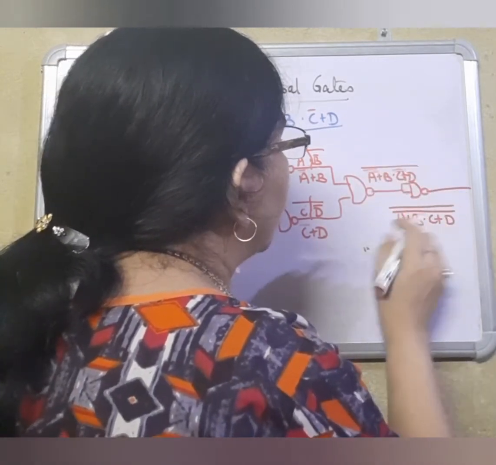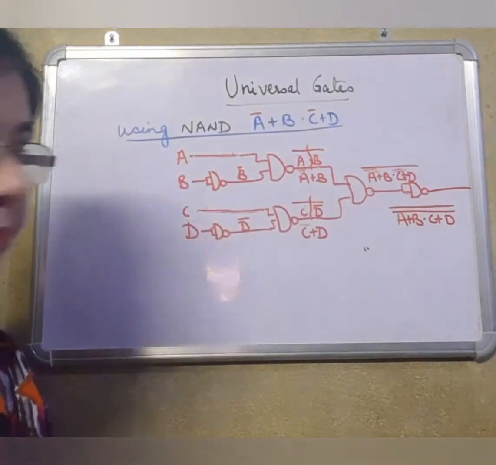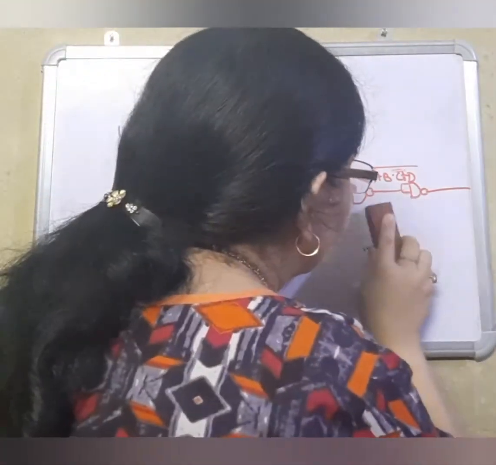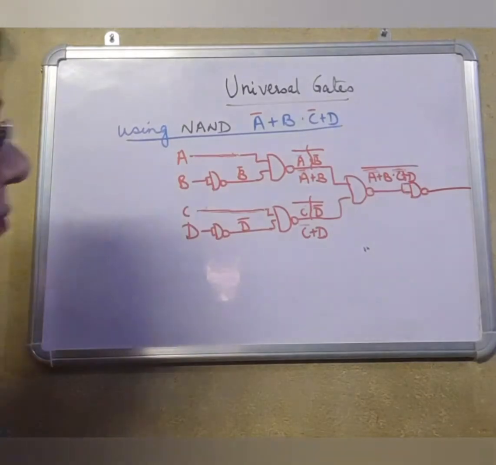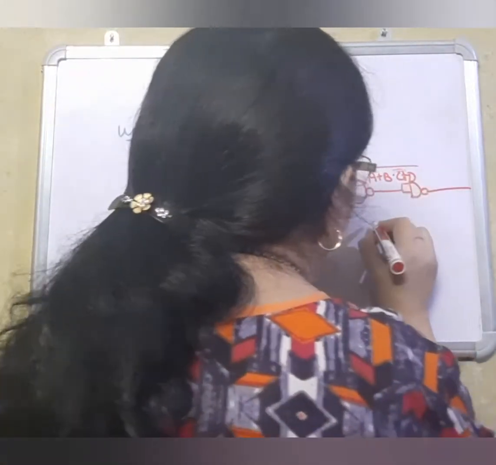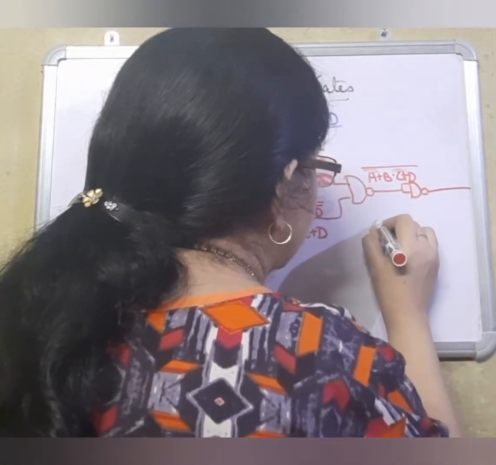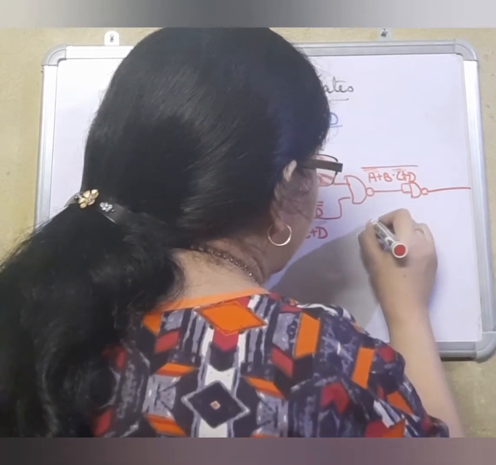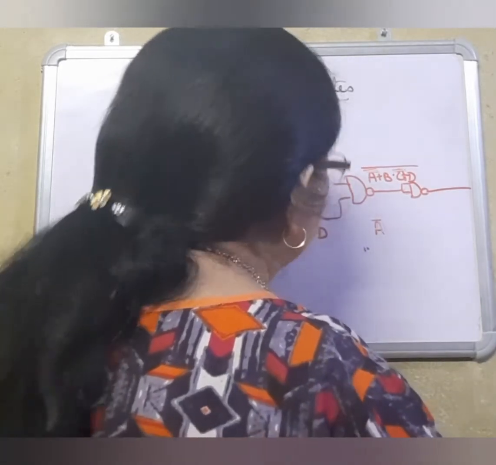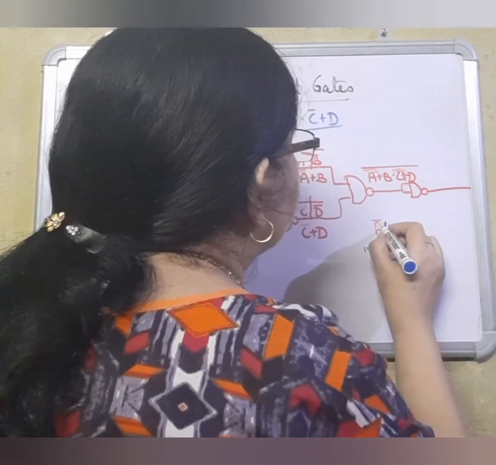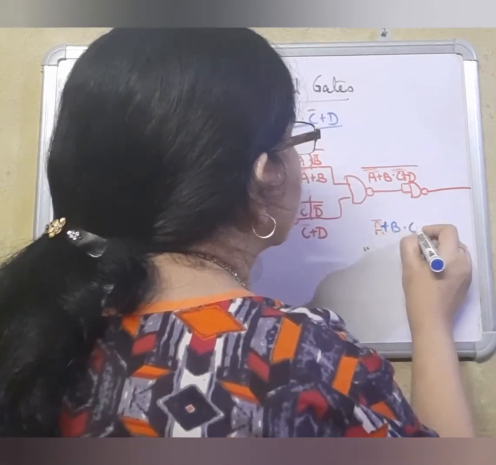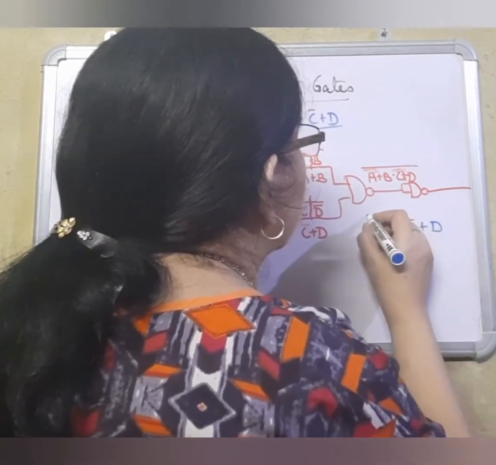And here it will be like A bar plus B dot C bar plus D bar.